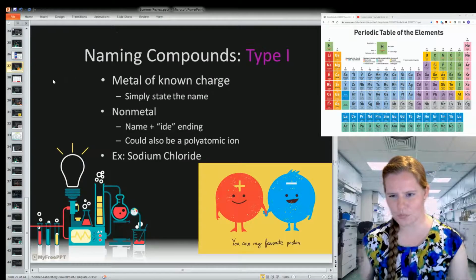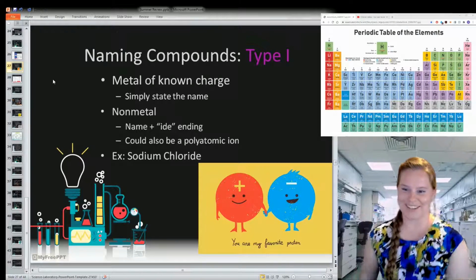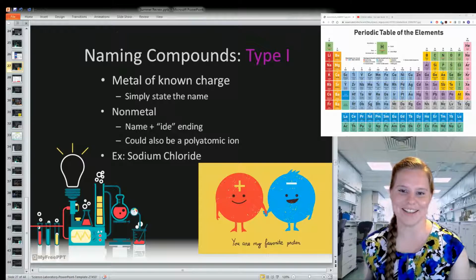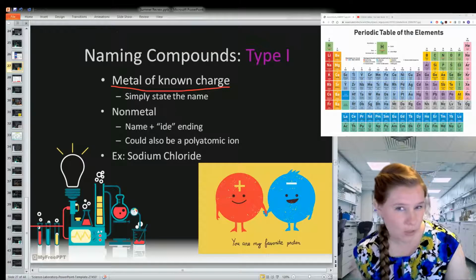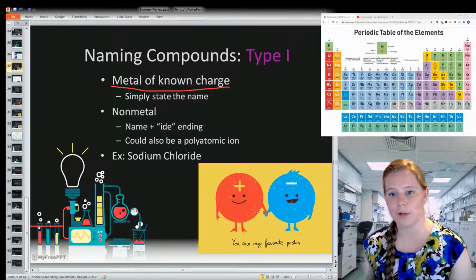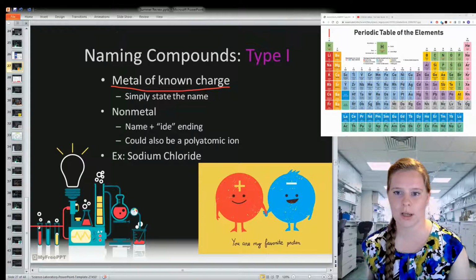Okay, type 1. Type 1 is one of the simplest to name. This is when you know the charge of the metal. Wait a minute. Which metals do you know the charge of? Well, for this class, anything in group 1, that would be this red column here, and hydrogen. Anything really in group 2.